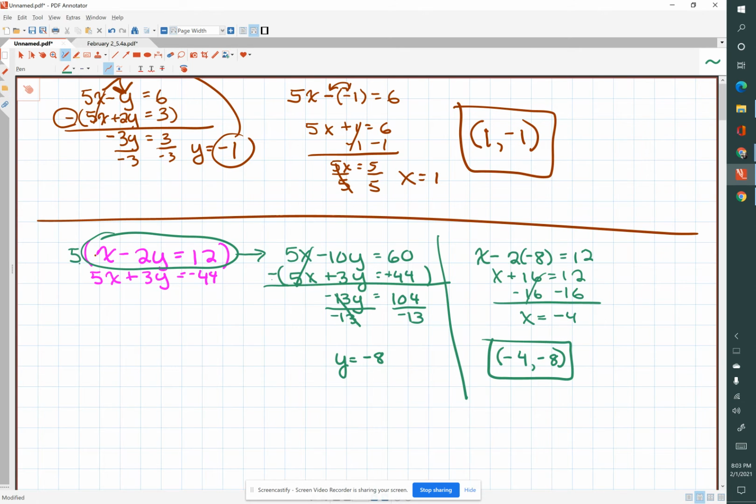So this extra step, we multiplied one or more, sometimes you have to do it to both equations, by some number so that you can get matching opposite coefficients. So let's start today's problems.